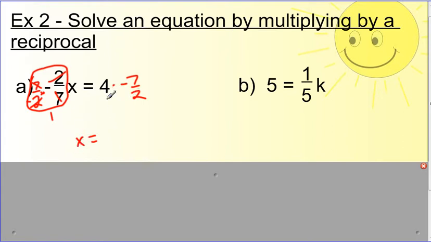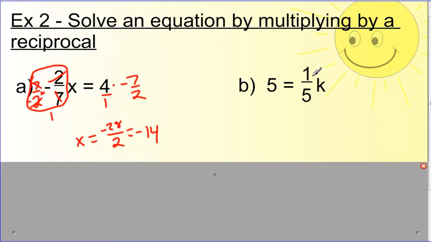But on this other side, we turn the 4 into a fraction by putting it over 1, and we multiply straight across. Negative 28 over 2. And with a little bit of simplifying, we get the answer of negative 14. Yes, it's more complicated than what we were doing before, but it's not incredibly difficult.